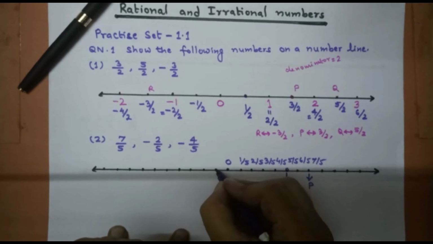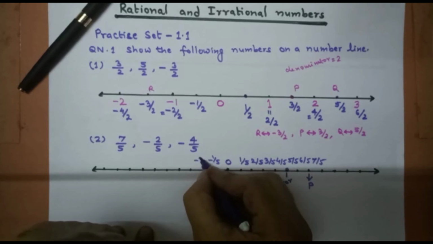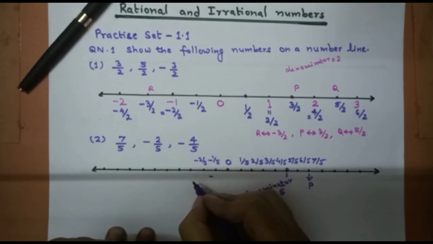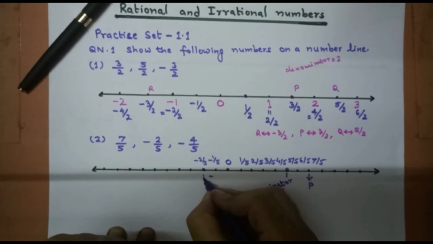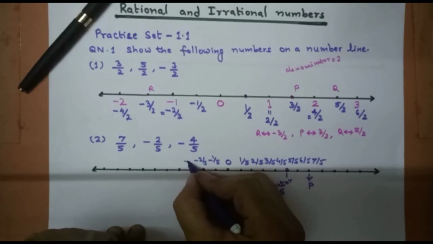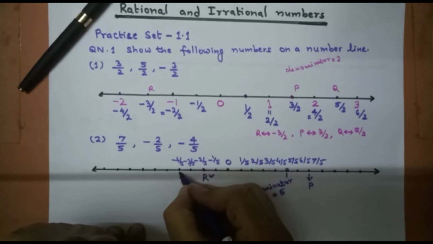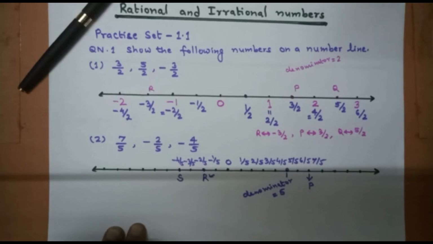Coming to this side, this number will be minus 1 upon 5, then minus 2 upon 5, which you want, this number, which you can represent as R or any other letter, and minus 3 upon 5, and minus 4 upon 5, and onward, and this will be your S. This way you can find all the numbers.